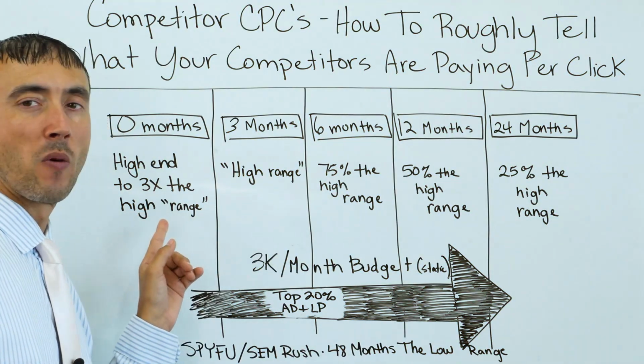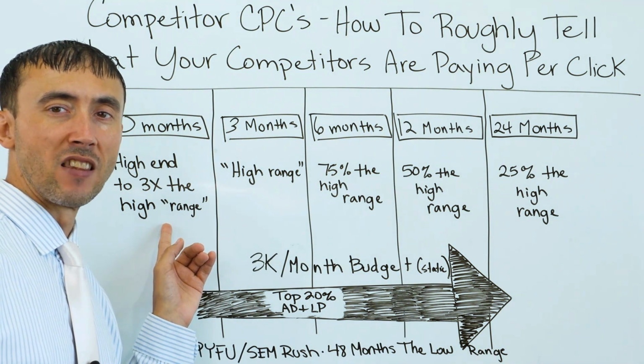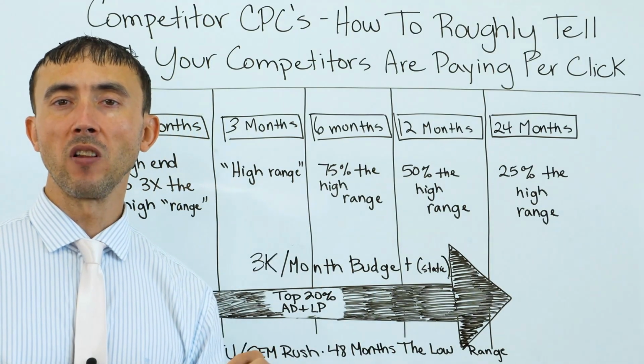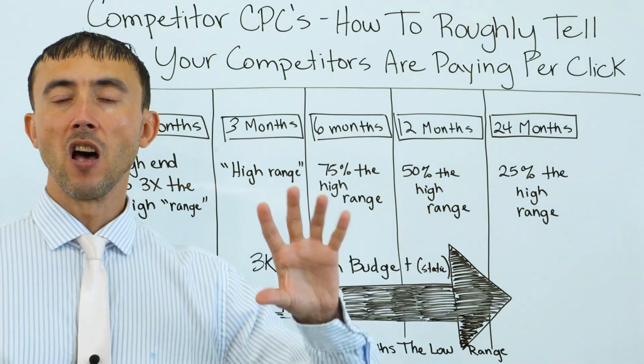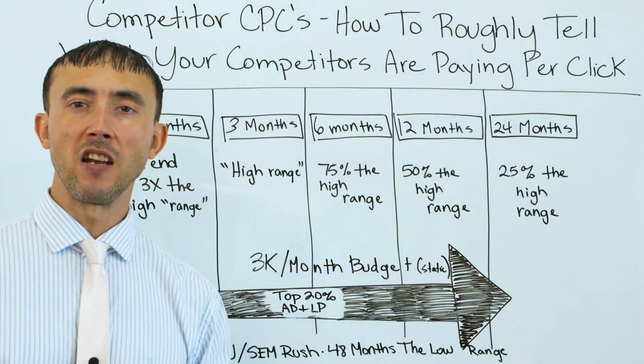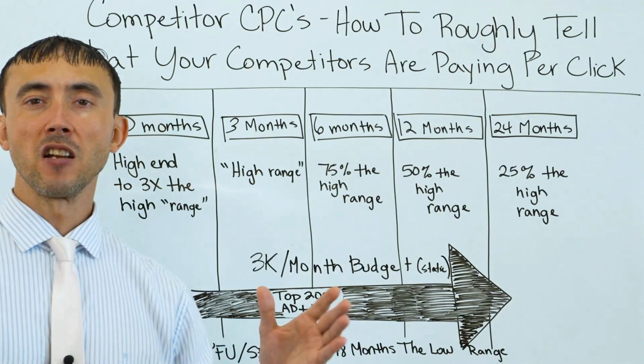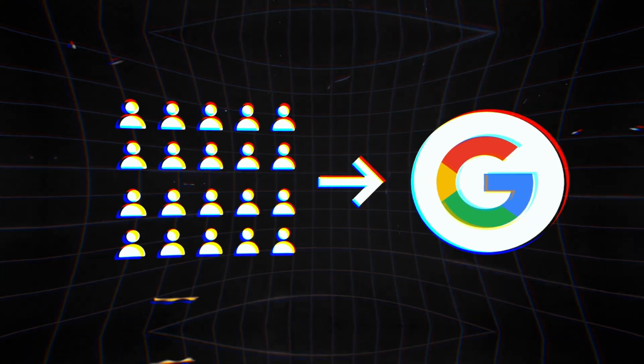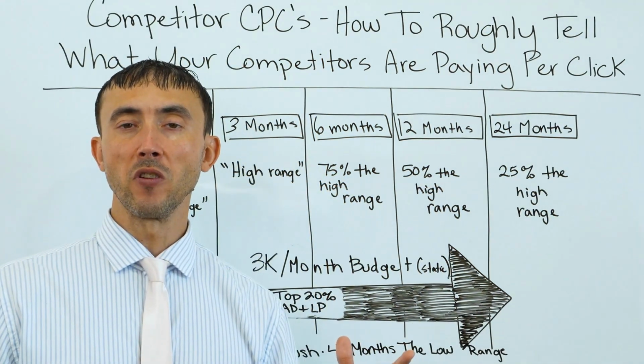Why is it, by the way, that Google charges you more than what they say they're going to charge you? In a competitive market, you need to pay more per click just to be able to get shown. Otherwise, it's going to take forever for you to get any impressions and clicks. Because in a competitive market, there's 10, 20 advertisers trying to show up at the top of Google, so there's no shortage of people to show.